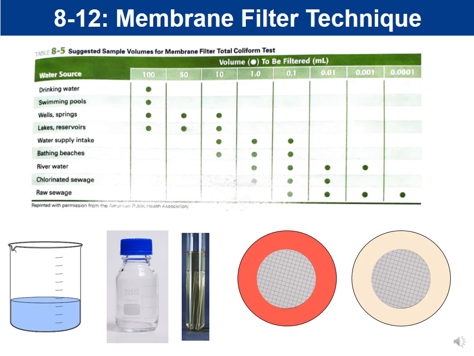What we would do is, when we mix our water in this bottle, before you pour your water through the setup, you would want to take some of the water with a transfer pipette and add 1 milliliter to the LTB broth. So you want to use your diluted water to add it to the LTB broth. Now, whatever's left in the bottle is going to go through the filter.